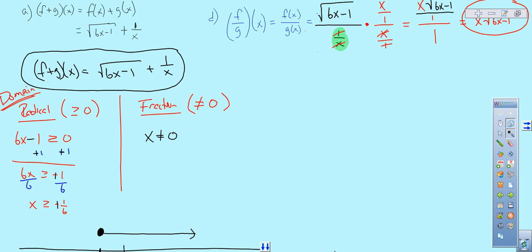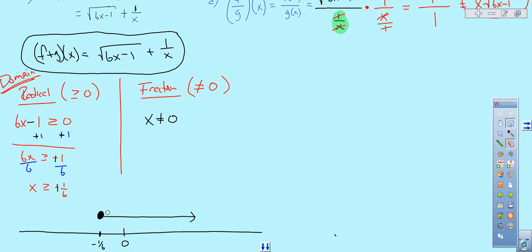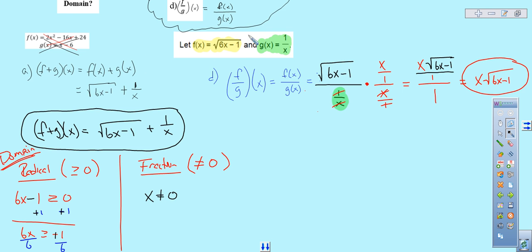And that changes my graph, which I was in a little bit of a panic about, because now instead of being at -1/6, I'm at +1/6. So we'll come over here on the positive side and put down 1/6, draw a closed circle. Everything else is exactly the same. It's just that instead of being at negative, it's at positive, and the reason is that I copied the problem down incorrectly. It's 6x minus 1. I had 6x plus 1 right there.